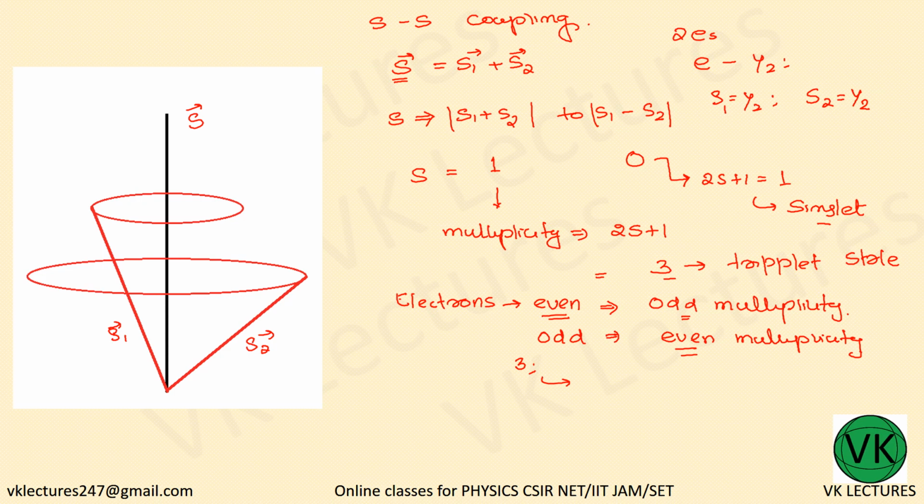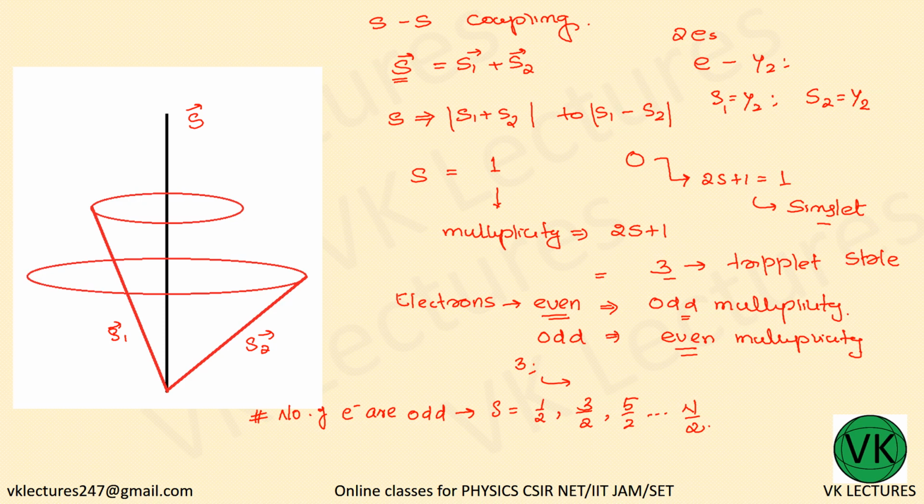So let us note that point here. If the number of electrons is odd, then spin is equal to half, 3 by 2, 5 by 2, etc., up to n by 2.